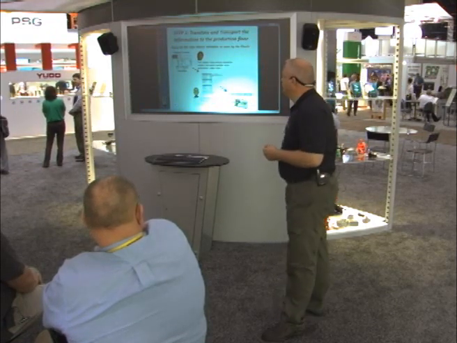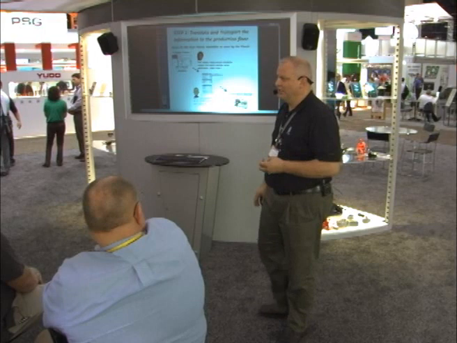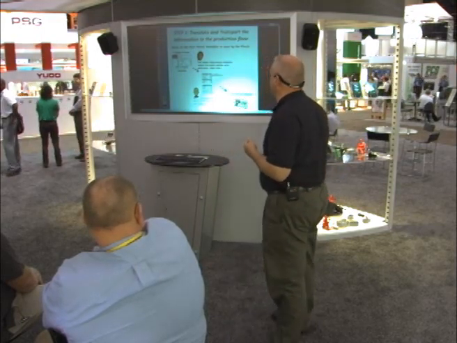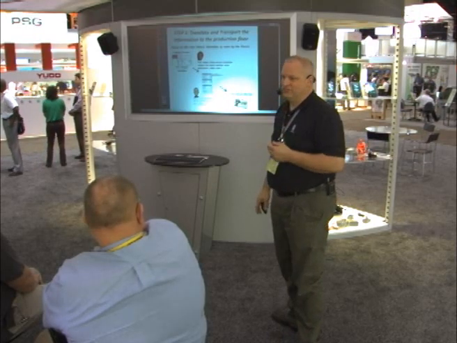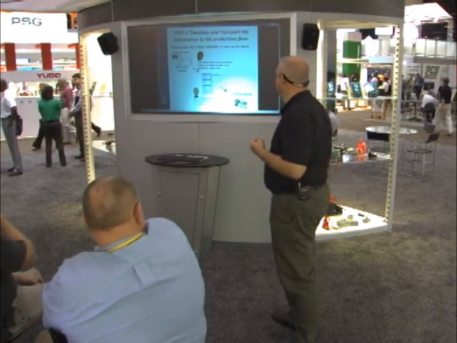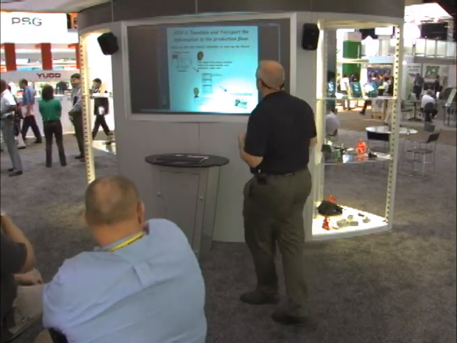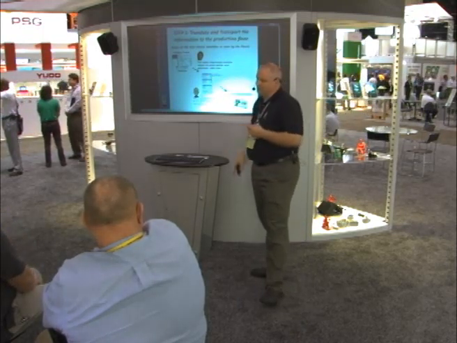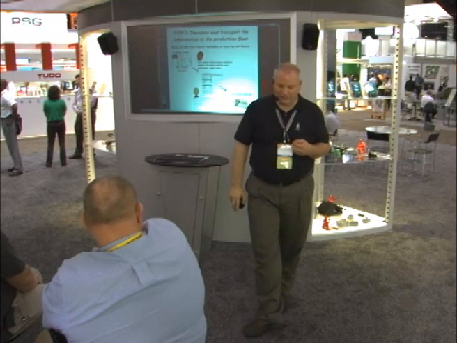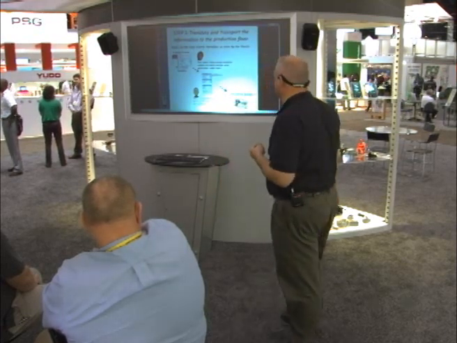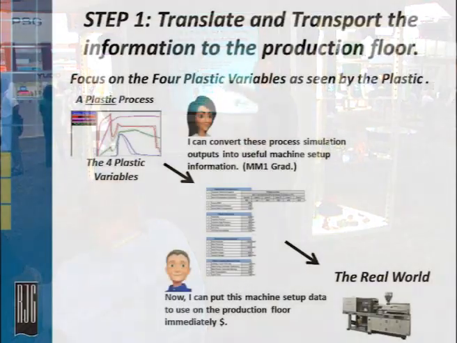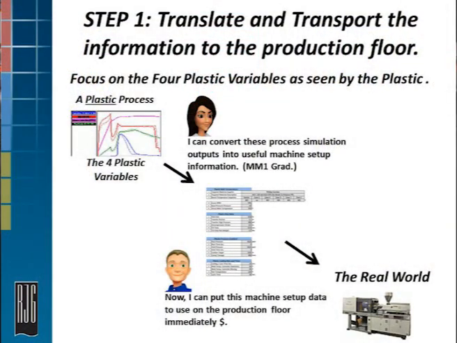So the first step in this overall process, like I said, whether I'm doing a risk analysis on my process or I have the simulation data, is that I need to translate and transport this information to the production floor. And I need to make it a very systematic approach using the 4 plastics variables. As you can see here, Lisa is helping Elmer.